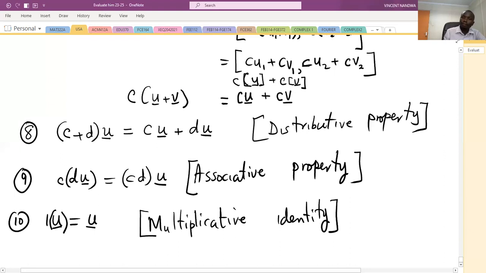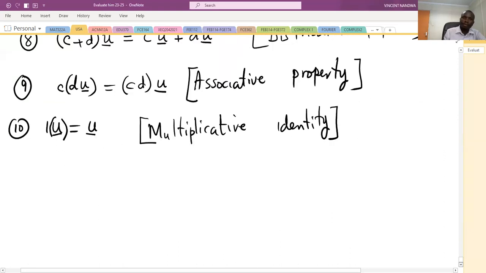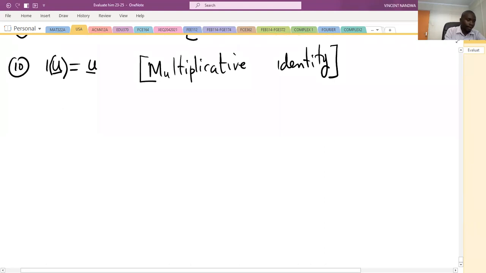So before we stop, that's what we call vectors in Rn.